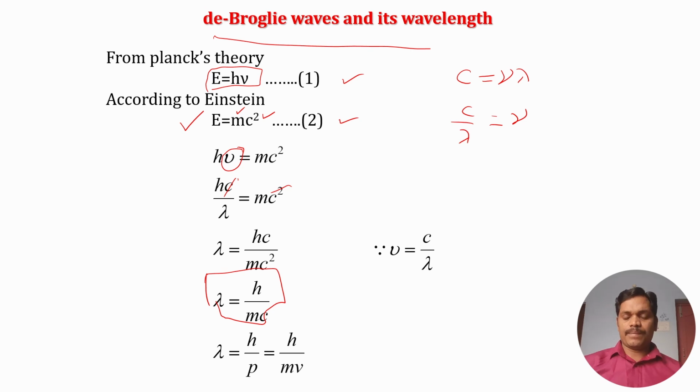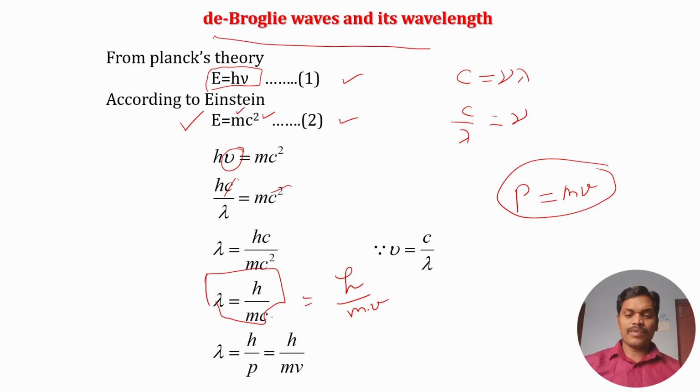If the matter waves behave with wave nature, we can use c, since c is the velocity of light. If you assume it is a particle nature, then we could use v instead of c. As we all know, momentum p is equal to m into v; momentum is the product of mass and velocity. So in this equation, we can write lambda equal to h by m into v.